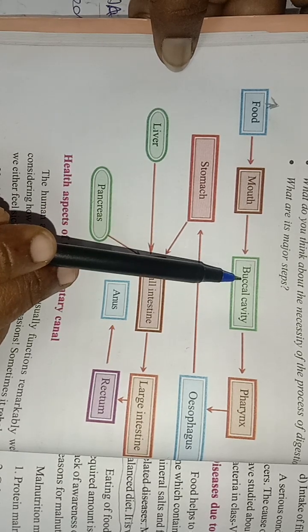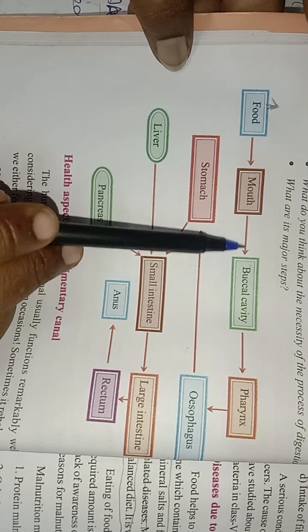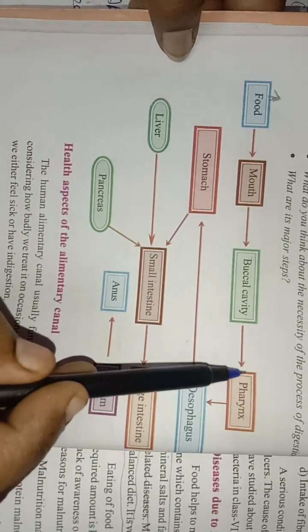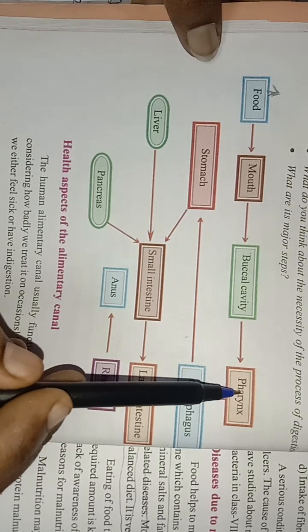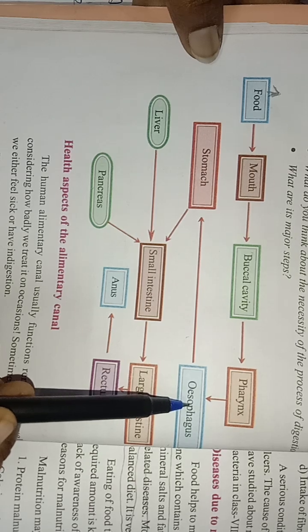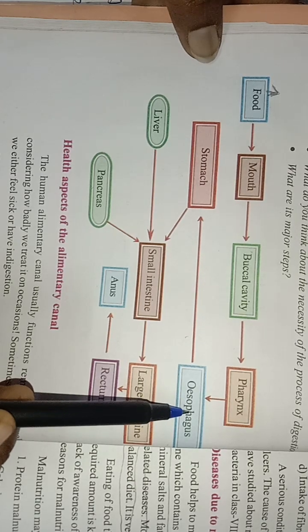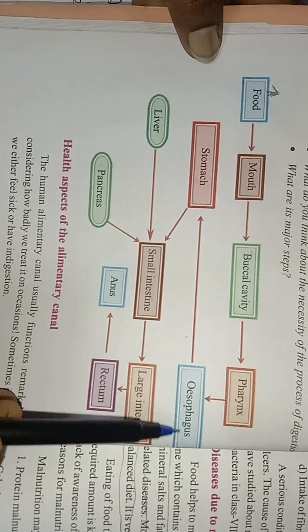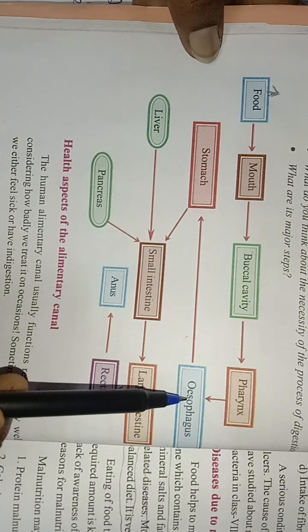So we chew the food with teeth. Then this semi-solid food travels to the pharynx, which is a common passage for food and air. From this pharynx, it travels to esophagus. From esophagus, it is simply transferring food from mouth to stomach.